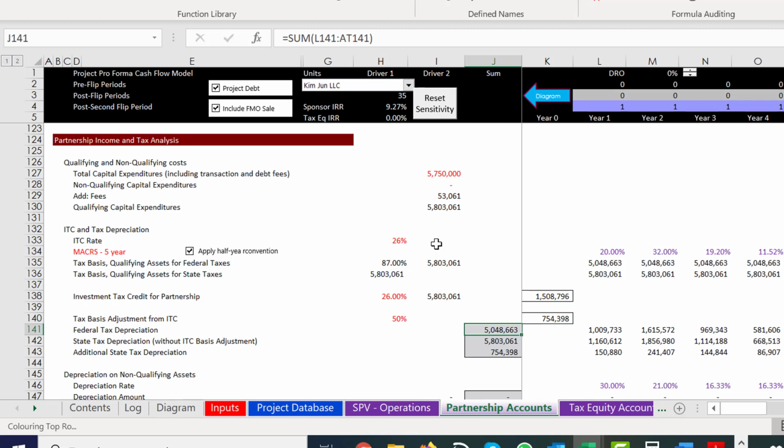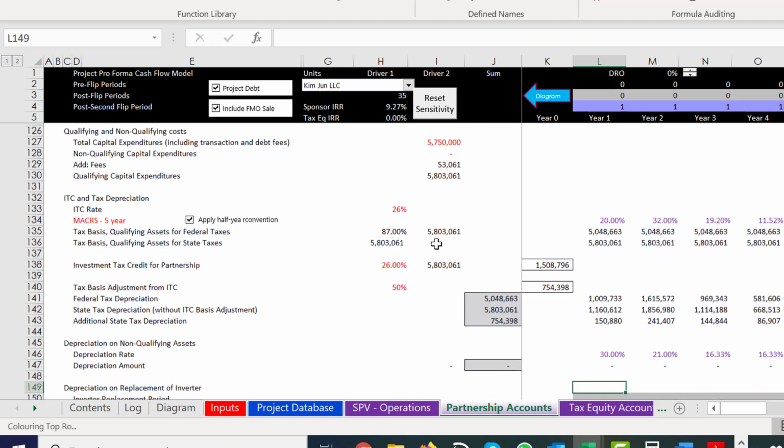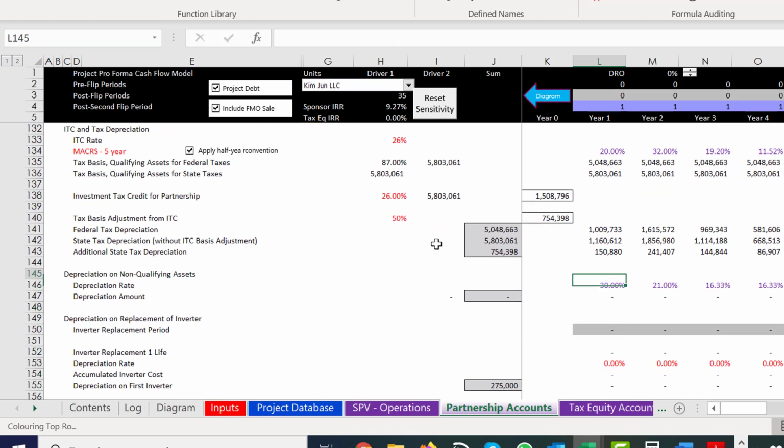And then we multiply the tax rate, the depreciation rate, by the tax basis, and we get our tax depreciation. And we can do the same thing with a different basis if we want. And that's our additional depreciation for state taxes if we have some. And this is again a lookup. We would look to 145 in the input sheets.